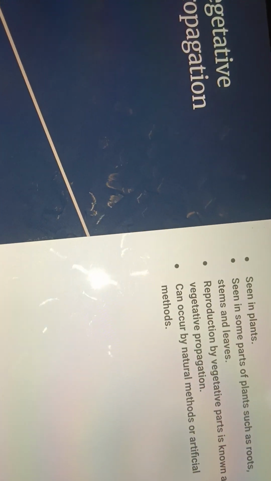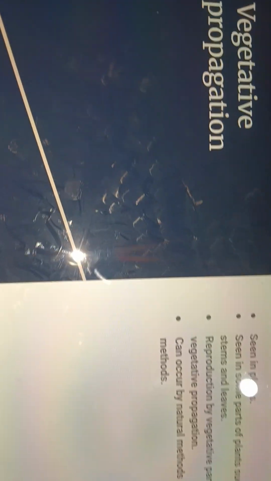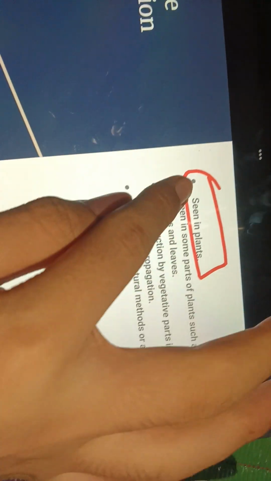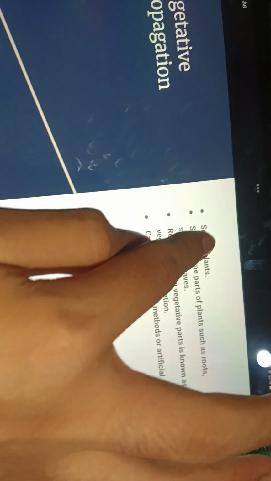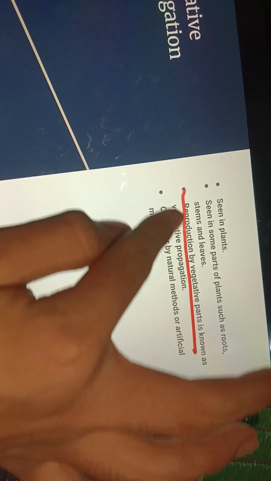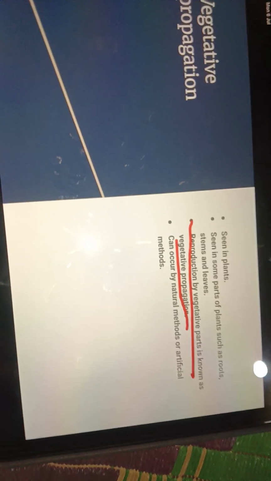A brief introduction I am giving about it: it is seen in plants, in some parts of them, that is roots, stems and leaves.